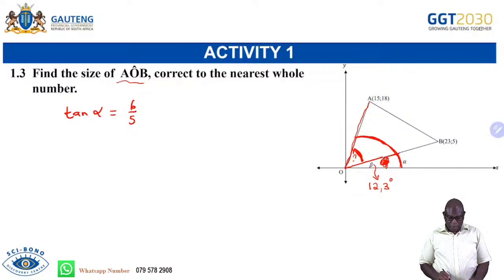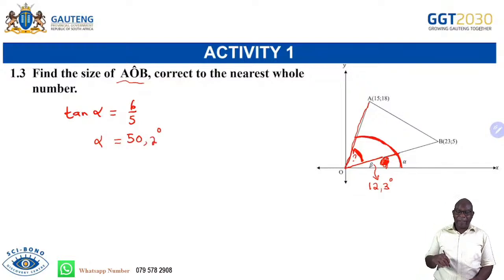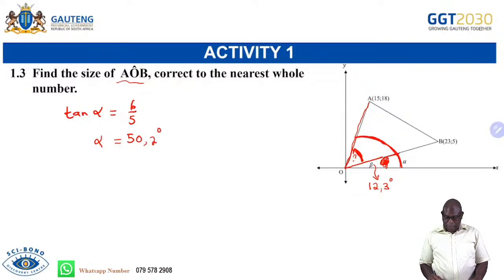If I get the angle of alpha here, that's a positive angle, so that's not a problem. I get 50.2. Remember, I go to shift tan, 6 over 5, and then I'll get the angle. But the angle that I got now is that whole angle, which is 50.2 degrees.